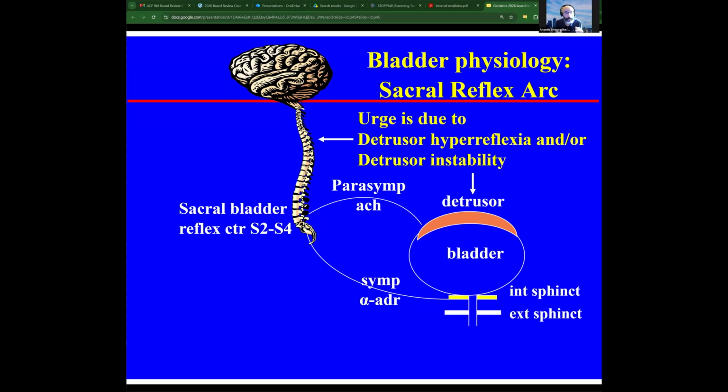And with detrusor, we're thinking about an issue with hyperreflexia, that is, it's spasming or squeezing too hard, or it has some instability, again, causing spasm. When we look at the innervation for this, for the detrusor side, it's primarily parasympathetic fibers, whereas with the urethral sphincter, we're looking at sympathetic innervation.